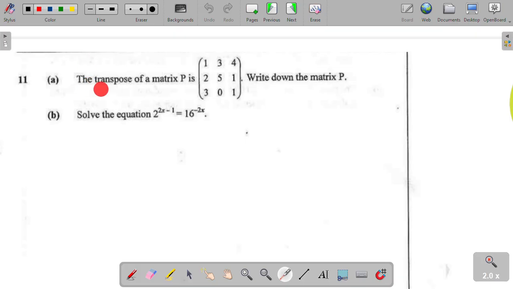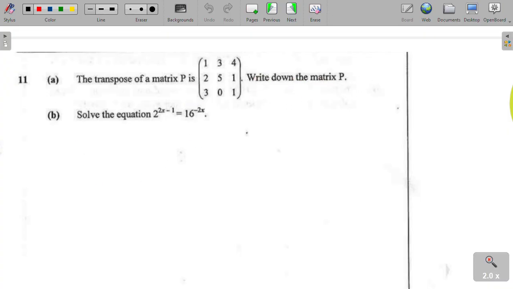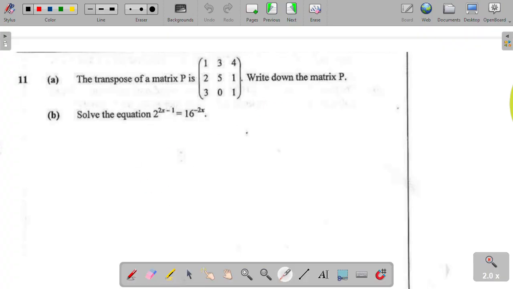So A, the transpose of matrix P is 1 2 3 column, 1 3 4 row, 3 5 0 column, 4 1 1 column, 3 0 1 row. Write down the matrix P. Transpose is written like this.